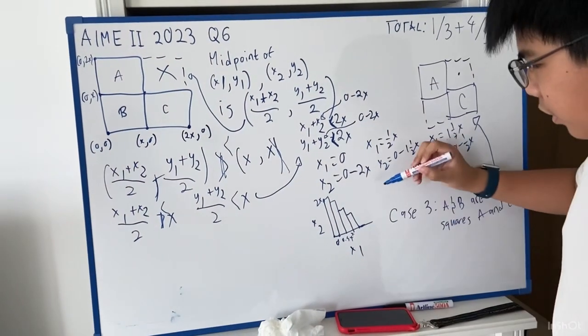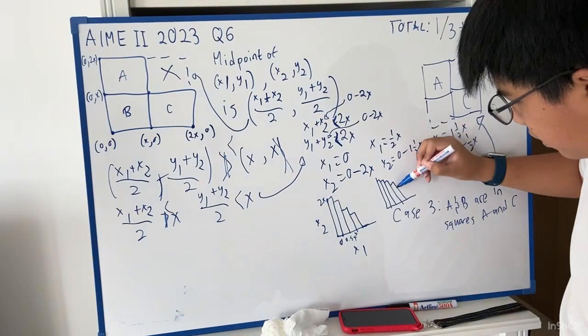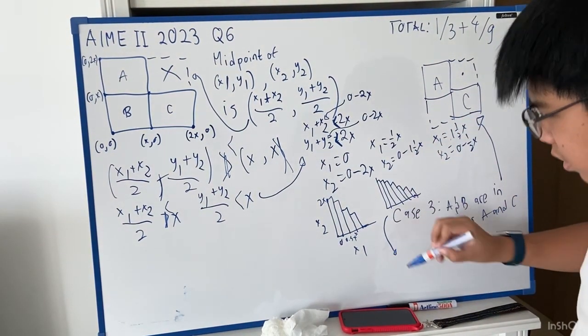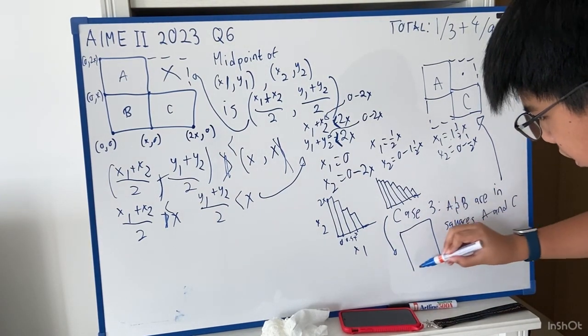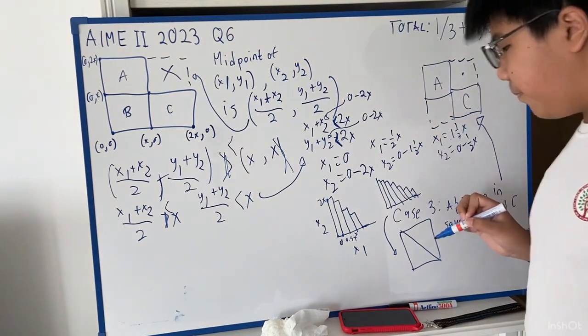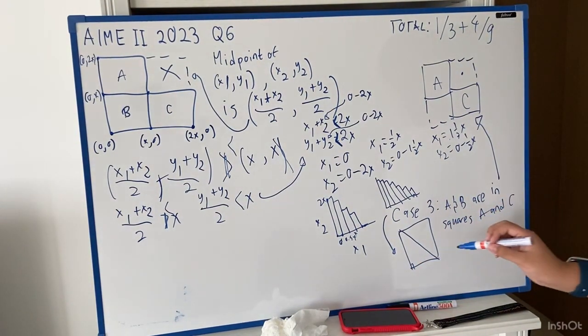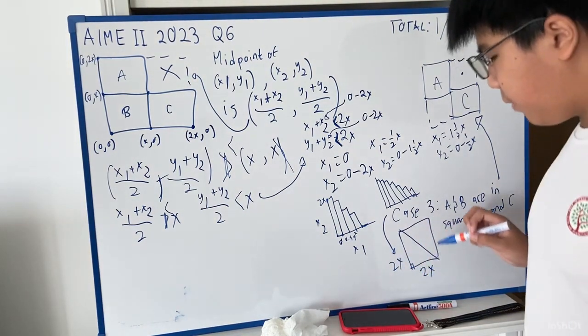So therefore, if we draw a more accurate chart, it will look something like this. And then it will approach a triangle. The shape will approach a triangle with sides 2x and 2x.